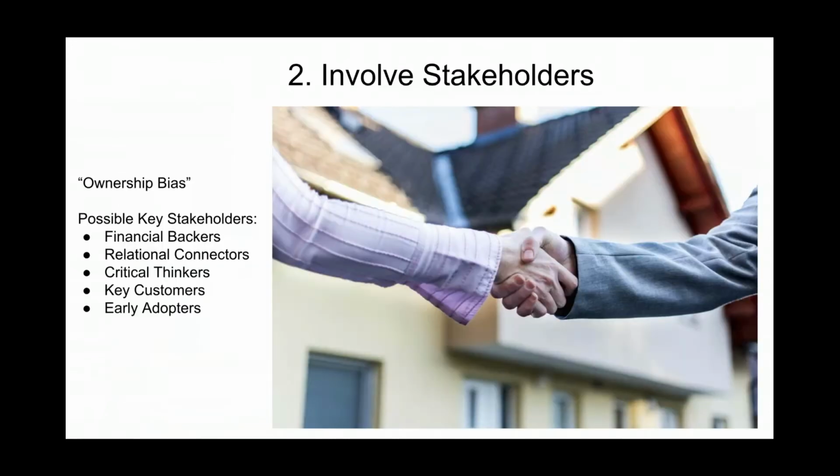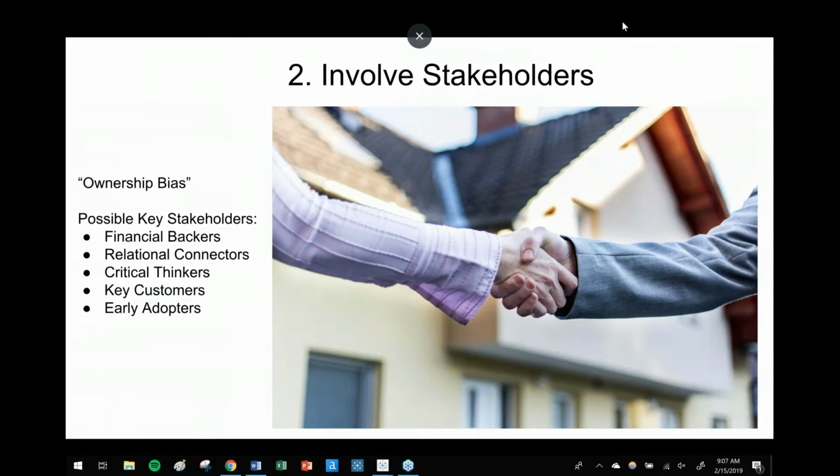Okay, step number 2 is involving the right stakeholders. So a key to making sure that your project succeeds is that you have the right people in the room giving you the right kind of feedback. To give you examples of the kinds of people that might be key stakeholders for your project, these could be people that are going to financially back your project. It could be end users, could be early adopters.